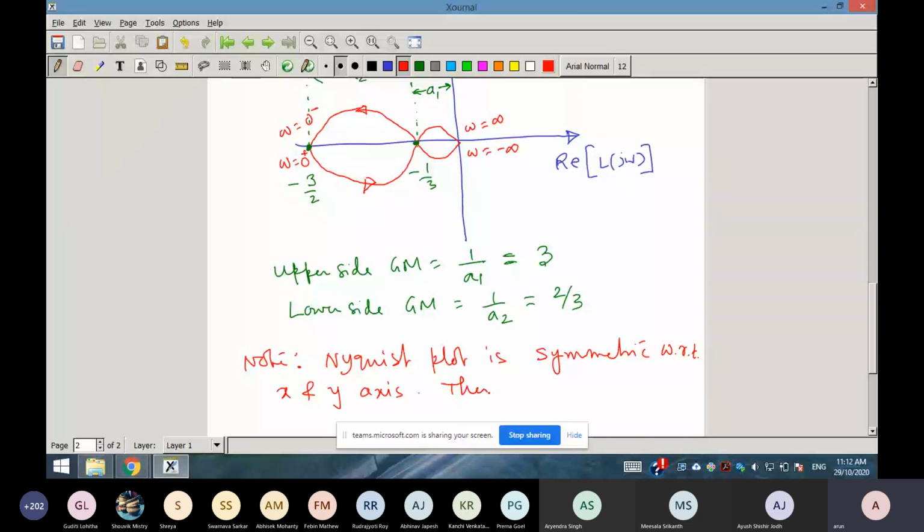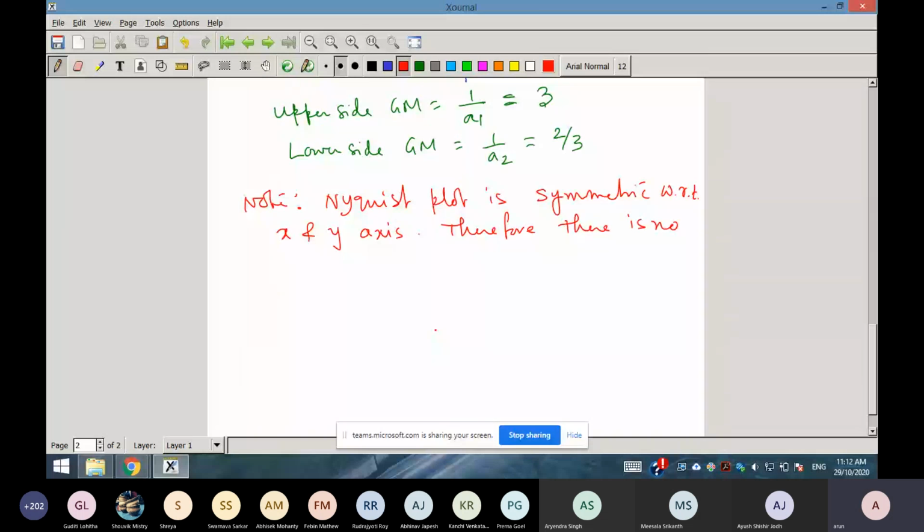Therefore, there is no term like positive phase margin, negative phase margin. That kind of term is not there.